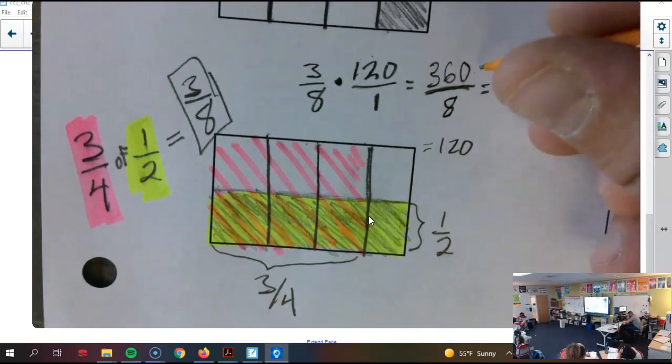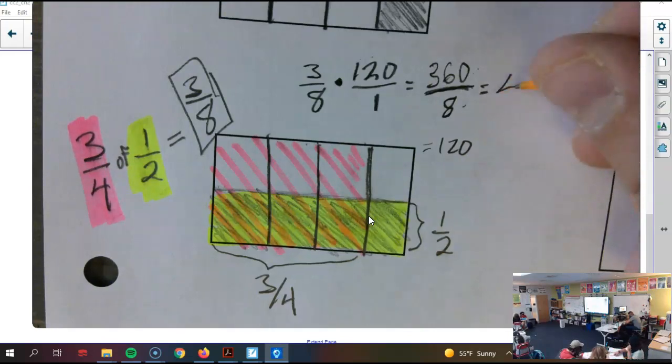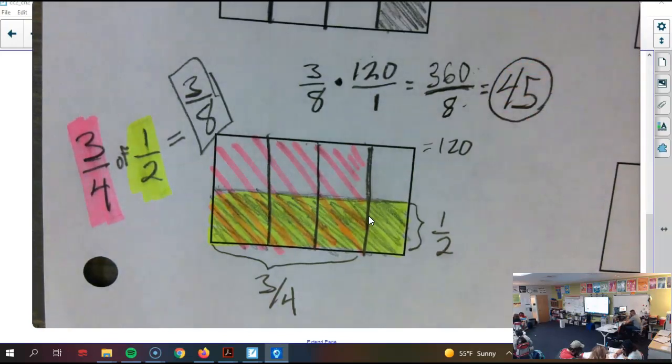Who's got a calculator? Do 360 divided by 8. I think it's 30 something, 40 something. 45. What is it? 45. So remember, of tells us to multiply. 3/8 of the students. 3/8 of 120.